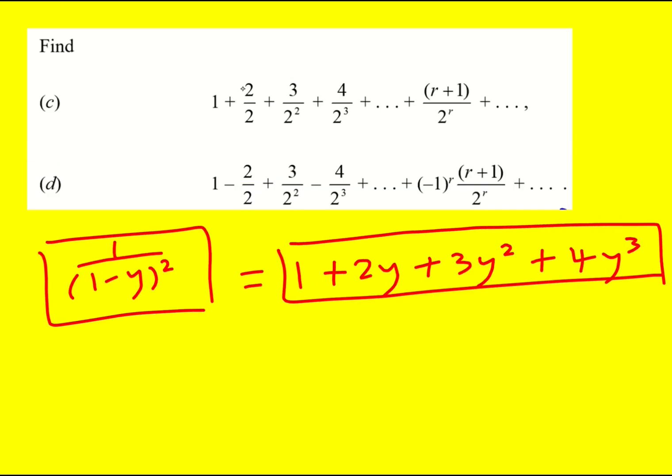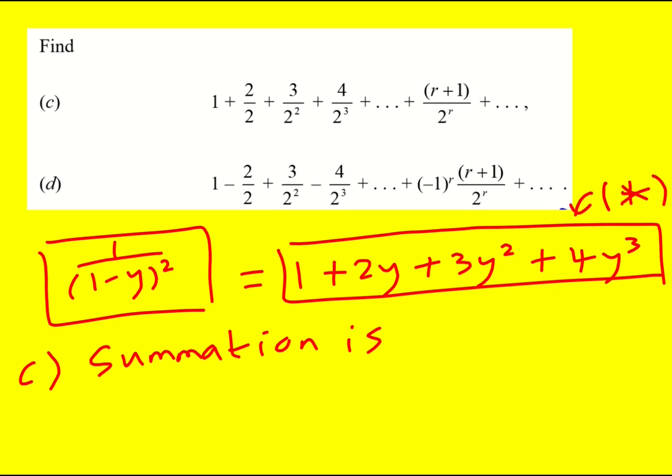Now, if I compare this with this, I can see for C that this summation, I'm going to call this star, this bit here, is the same as the star with y replaced by a half.